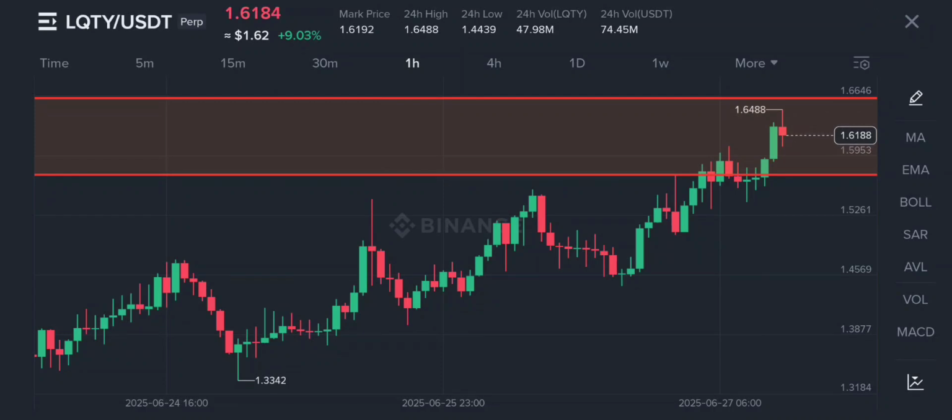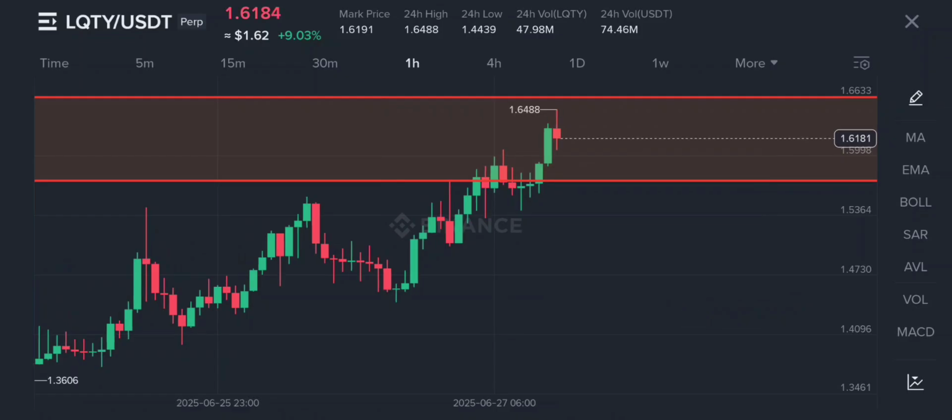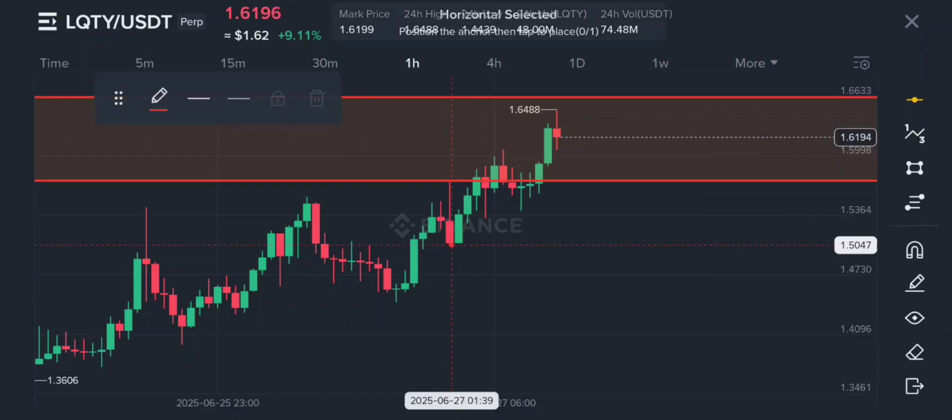So guys, you can see how our 1 minute candle closes. If you are to take an entry now, you can place your entry here.